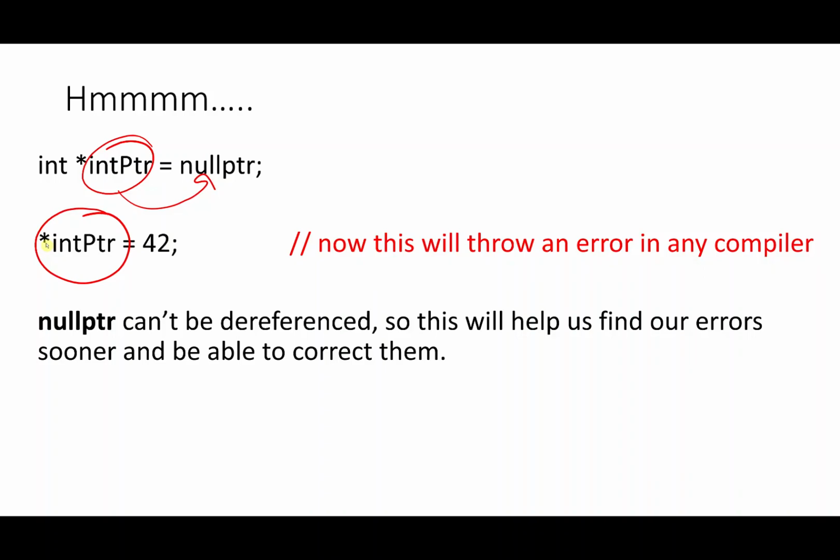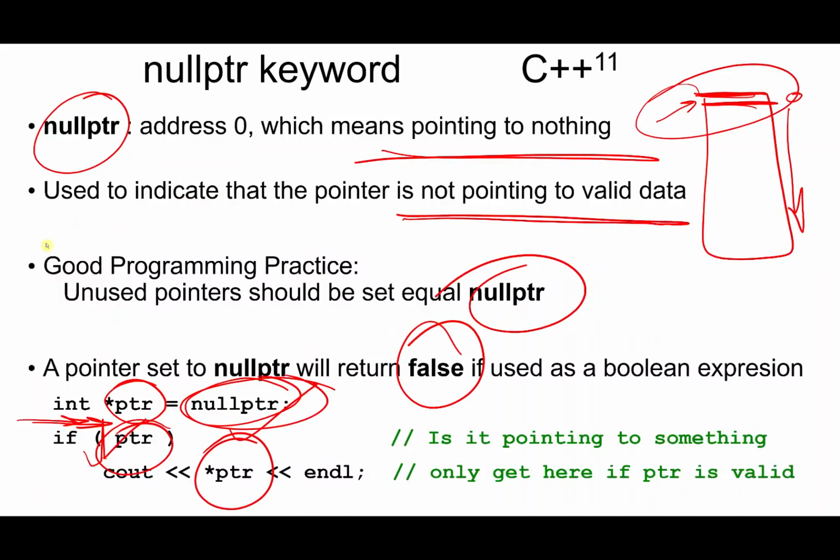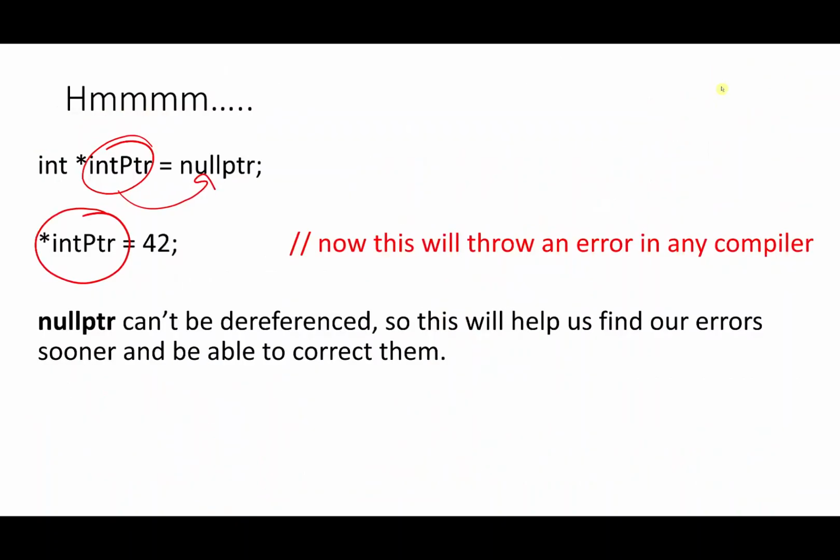When you try to dereference the nothing, it's like air, right? There's nothing to dereference. So now every compiler on Earth is going to give you a compilation error, because there's actually no garbage value to dereference to begin with, right?